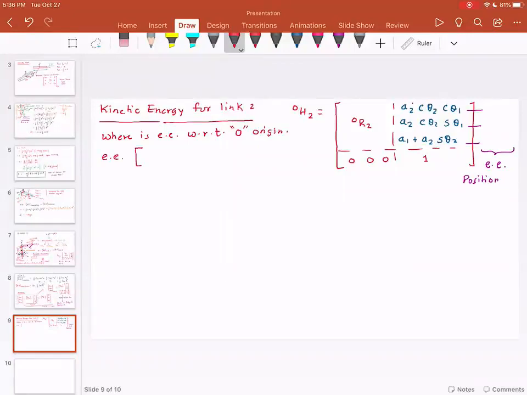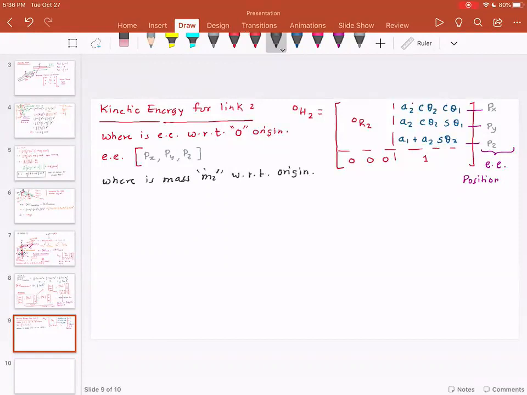I'm going to call them px, py, and pz. But the question I want to ask here is, where is mass m2 with respect to the origin?